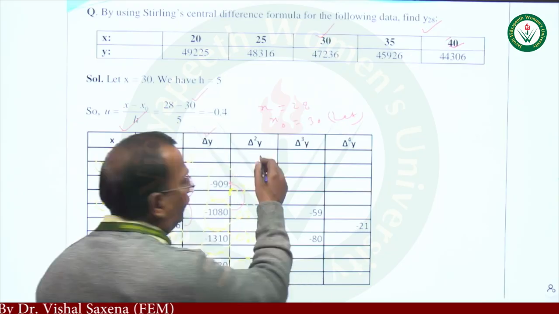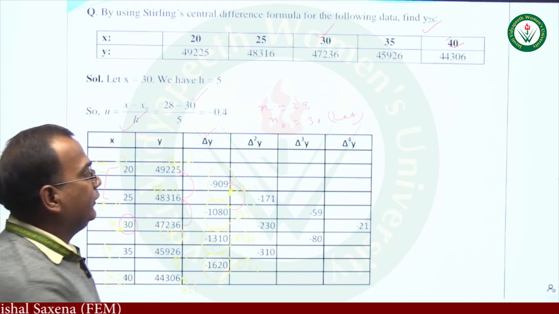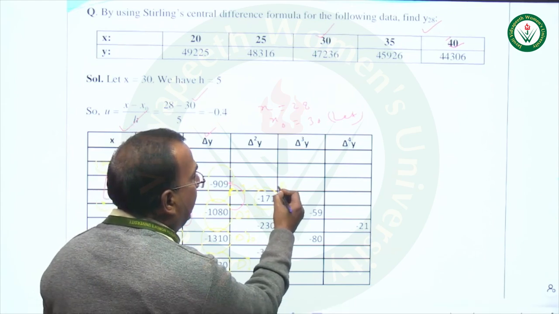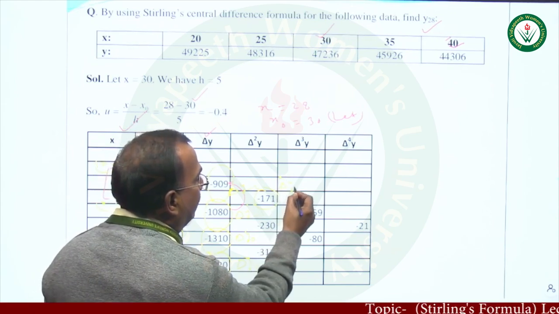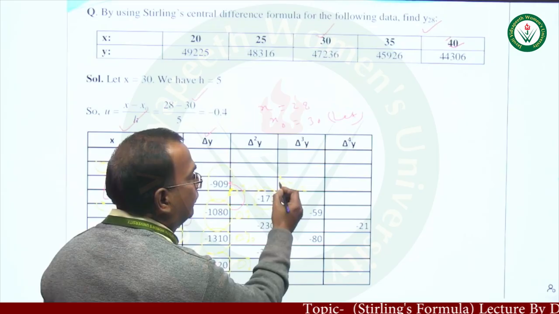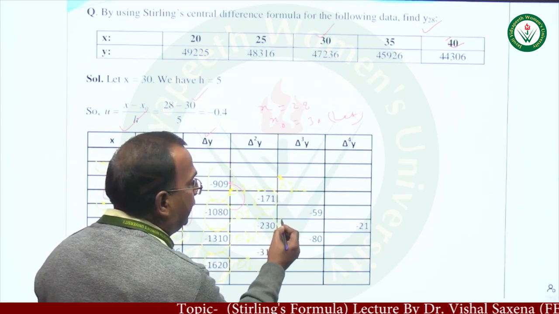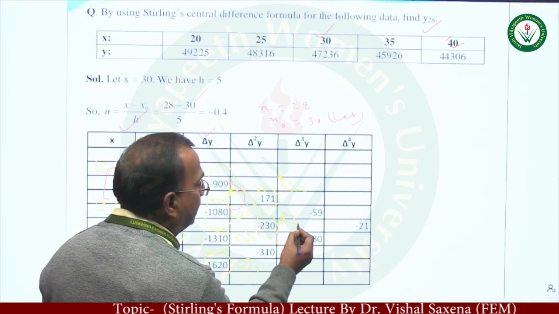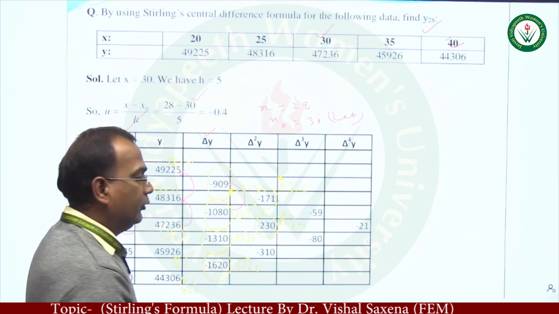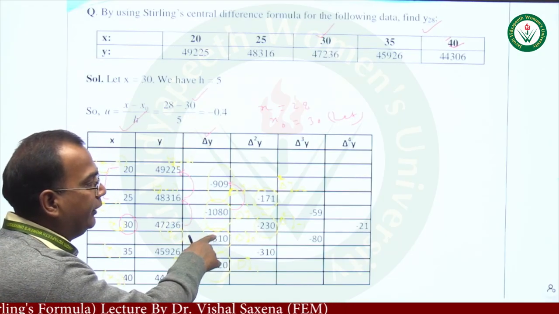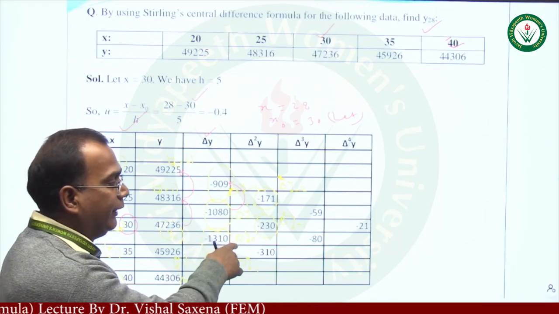Now next, the notation for the second differences. For the second differences, what is coming there, minus 171, it is del square y minus 2. What is coming there is del square y minus 1. You see this one? Because it is the difference of del y minus 1 and del y naught.